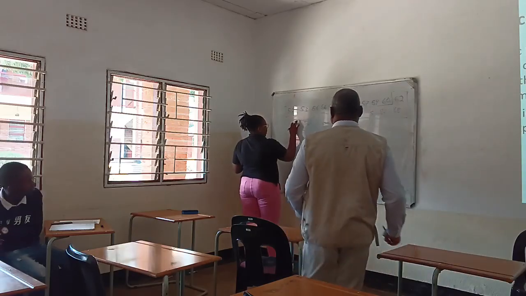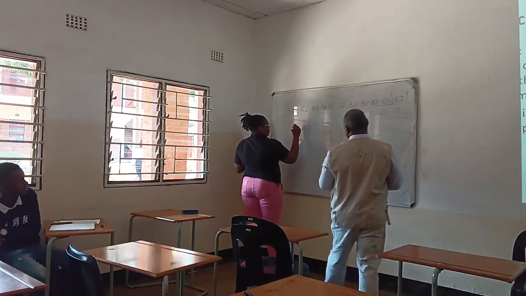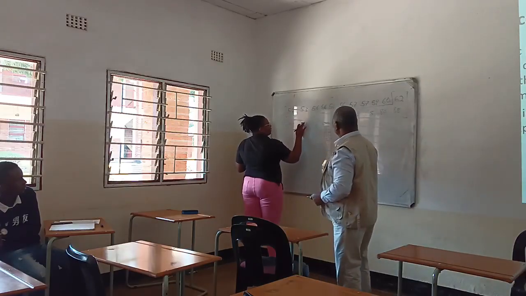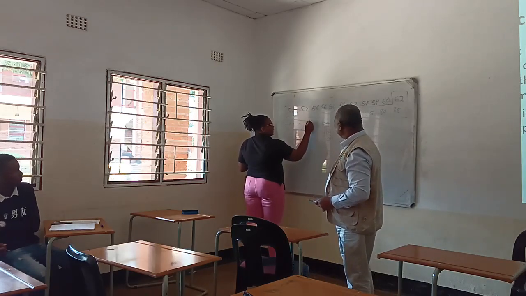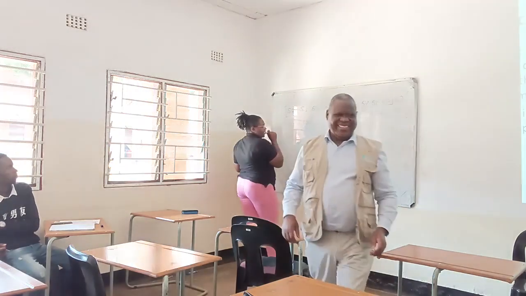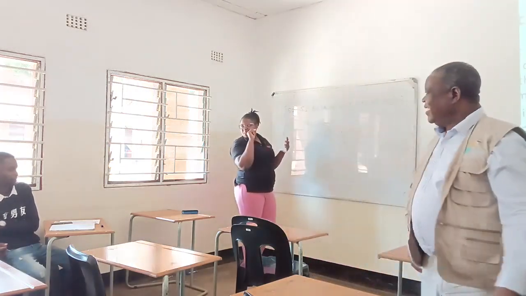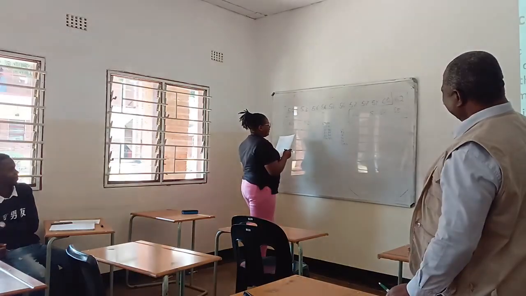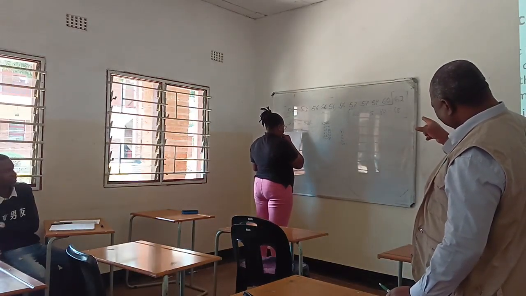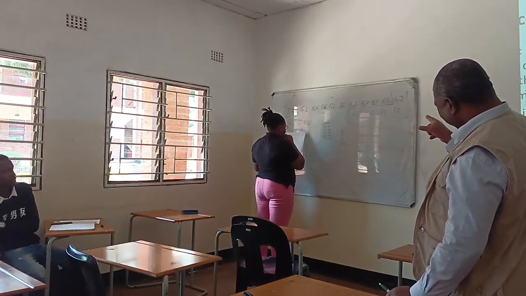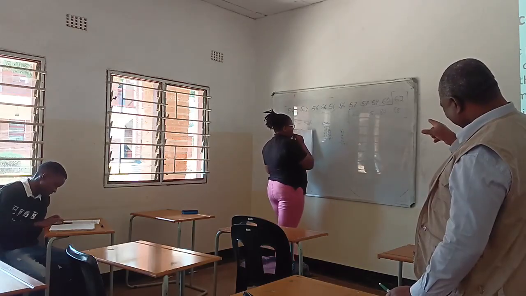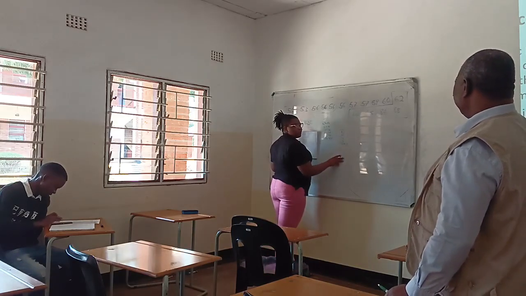No, no, this is the square root, this is the square. But that's 273 times 273 divided by 5.